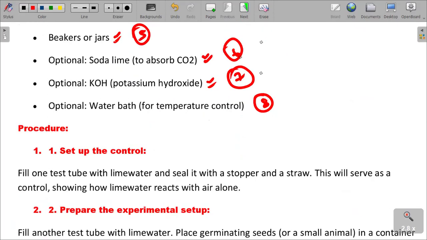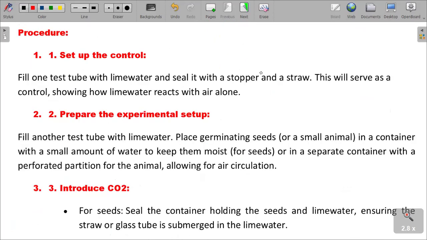So I quickly want us to look at the procedure, what needs to be done. We have got one, set up the control. I guess you know what we mean by the control. A control in an investigation. What is the importance of a control in an investigation?